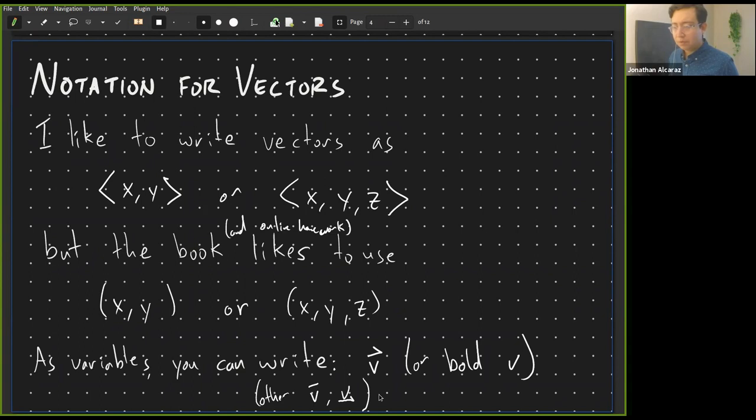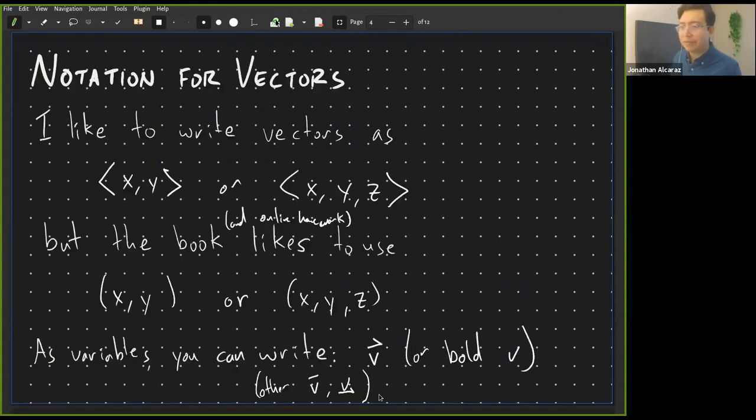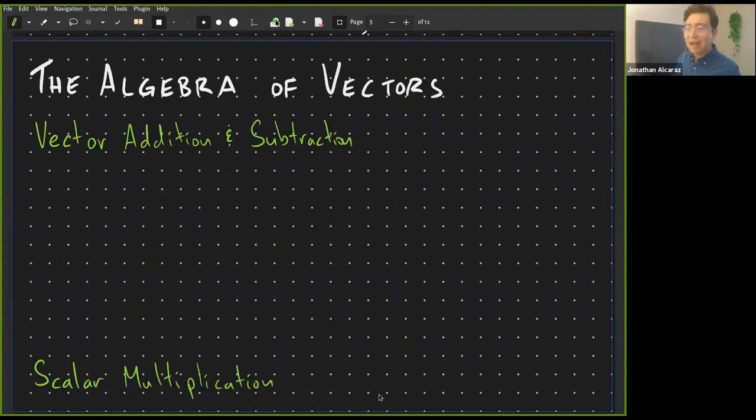Okay, cool. Good questions. Like I said, this was the basics of what vectors are. Now we want to talk about how we actually use vectors algebraically. Just like before we learned calculus, we had to learn how to do algebra, and we had to learn about functions, but before that we had to learn how to solve equations, and before that we had to learn arithmetic, and that's kind of what this is.